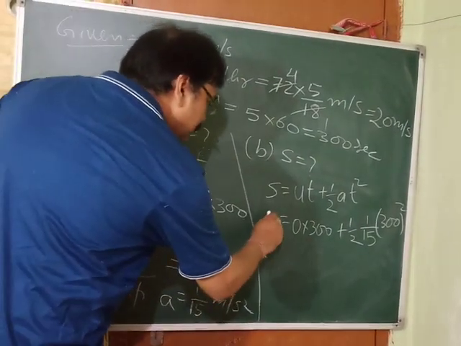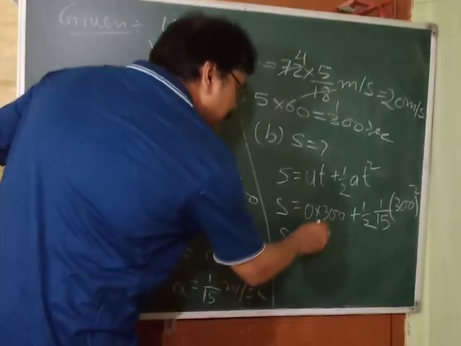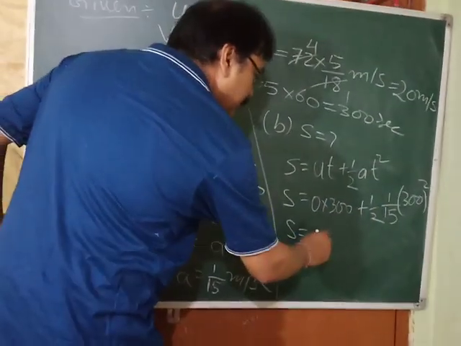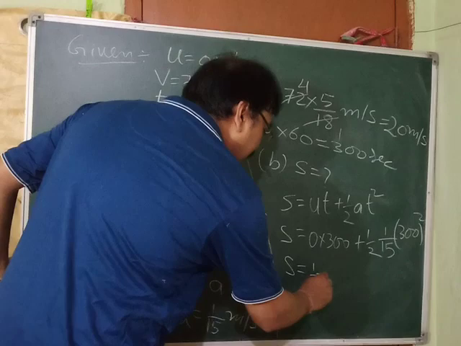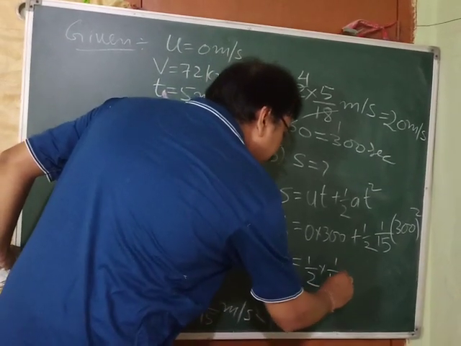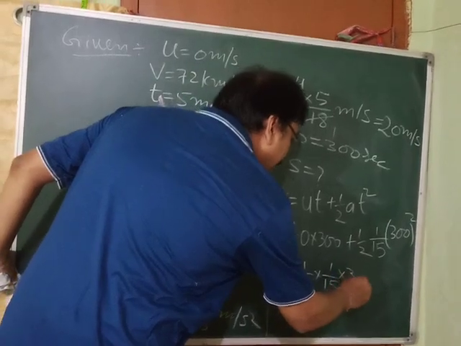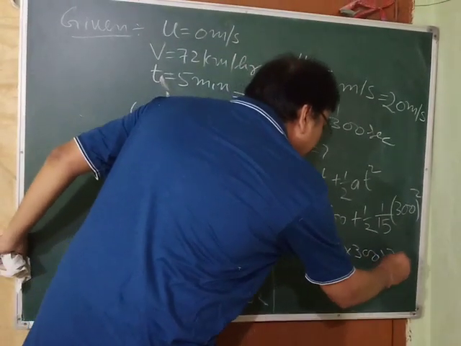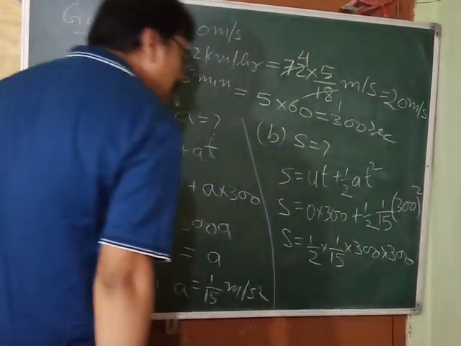Once you get this, the first term is 0 because 0 into something is 0. Here it is half into 1 by 15 into 300 into 300. That's what you will get.